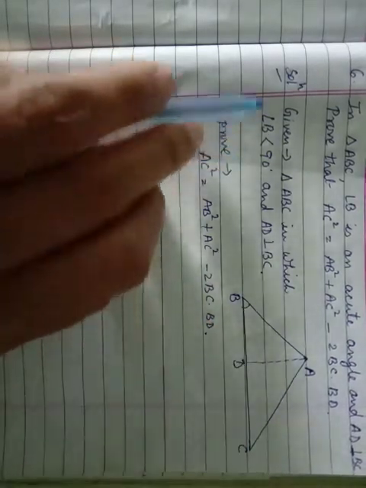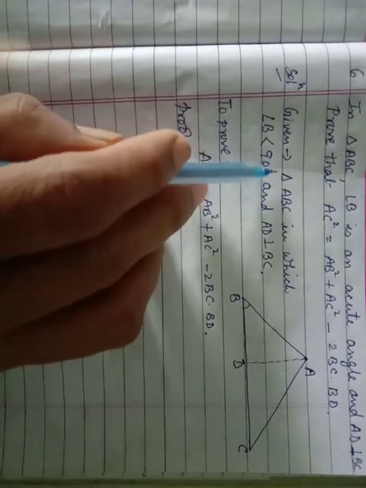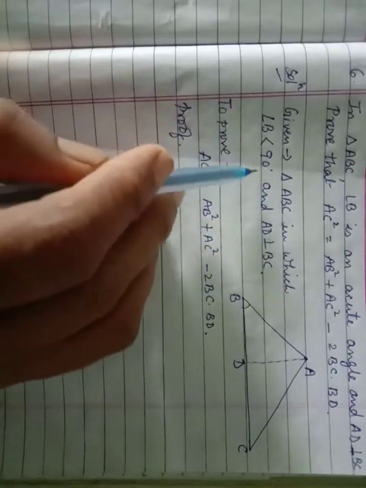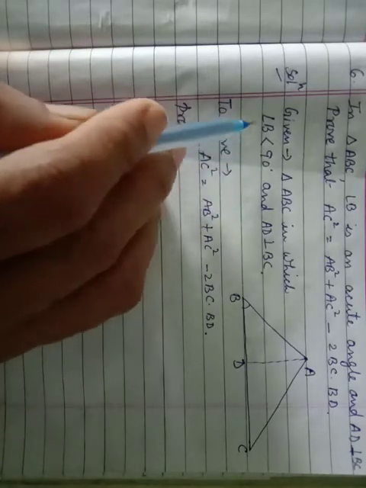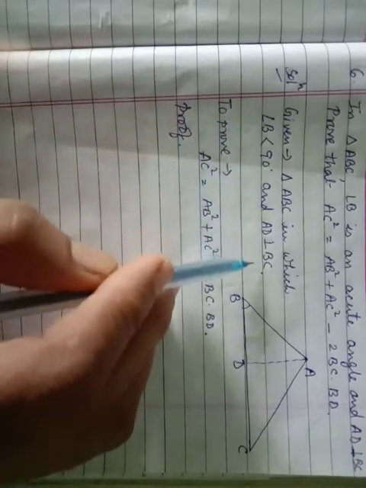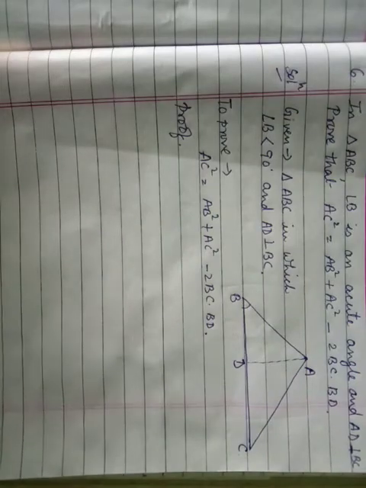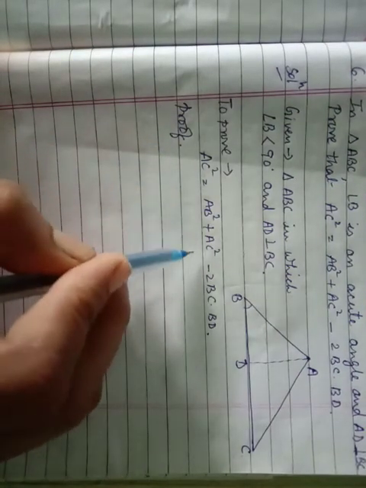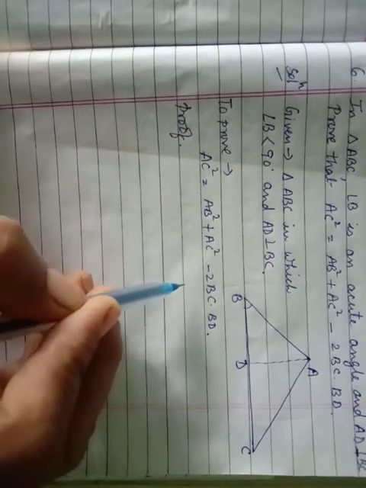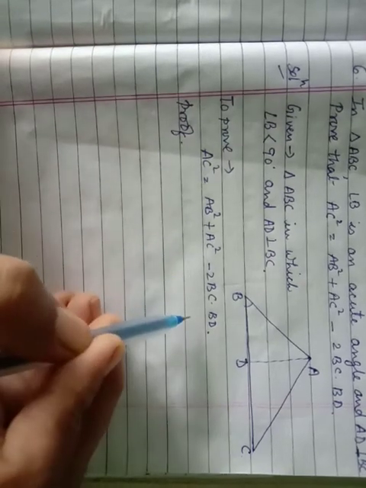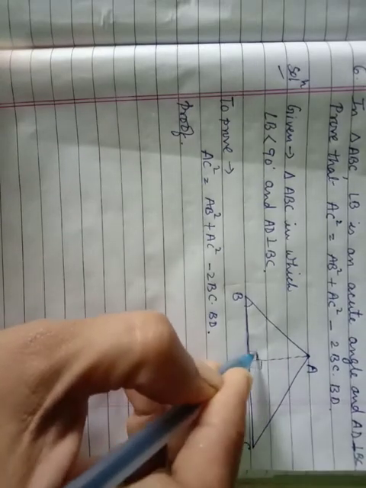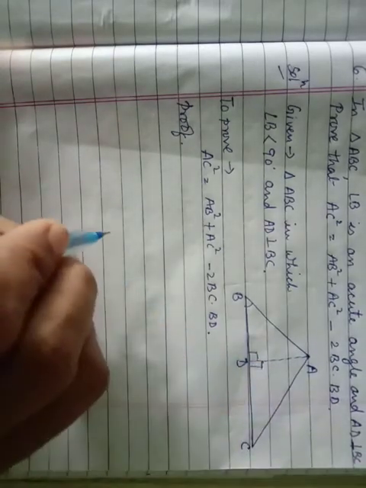Whatever is given, write it. In triangle ABC, B is smaller than 90 degrees, meaning B is an acute angle, and AD is perpendicular on BC. To prove: AC square is equal to AB square plus BC square minus 2BC into BD. So AD is perpendicular means these are two 90 degree angles.